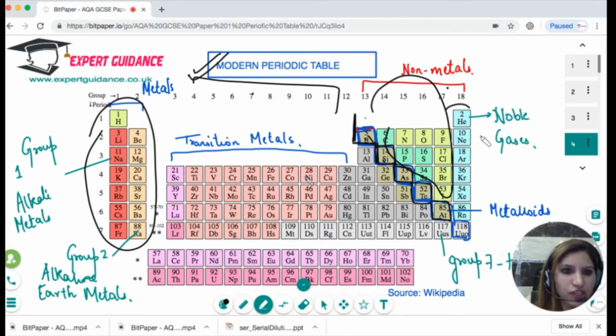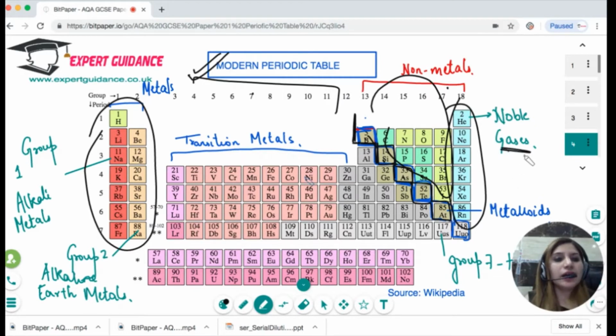Now, the last group is the noble gases. We'll see when we do the electronic configuration of the noble gases that they have a full outer shell. As a result, noble gases are given the name noble because they do not react. The elements in the same group will have the same number of electrons in their outermost shell.